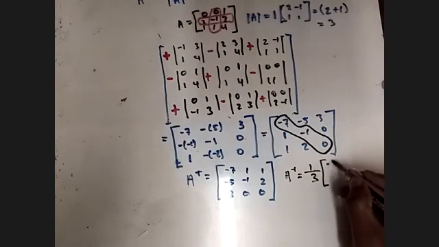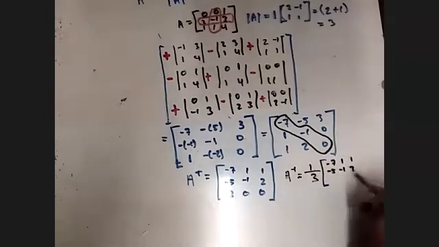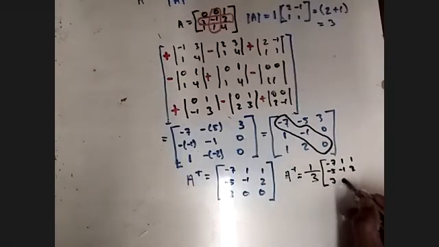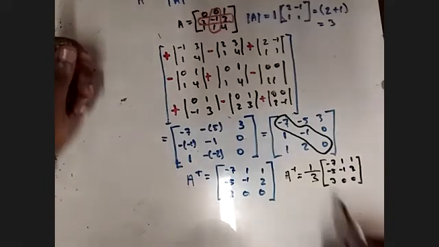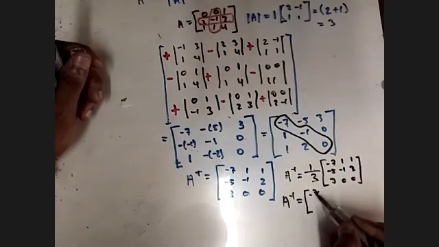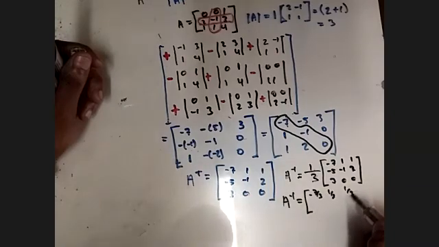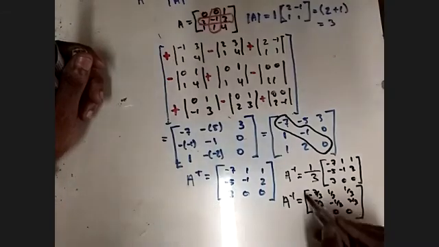And then you multiply by -7, 1, 1, -5, -1, 2, 3, 0, 0, and you just multiply each and every term by that. So it gets -7 over 3, 1 over 3, 1 over 3, -5 over 3, -1 over 3, 2 over 3, 1, 0, 0. So this becomes your inverse.